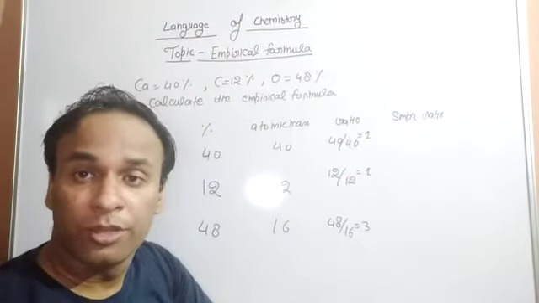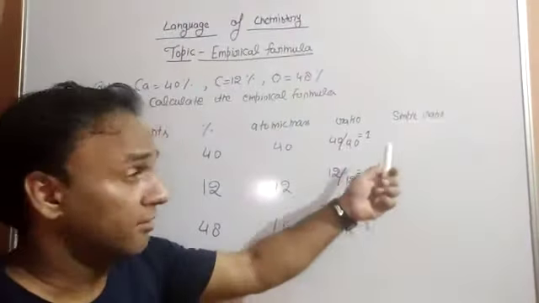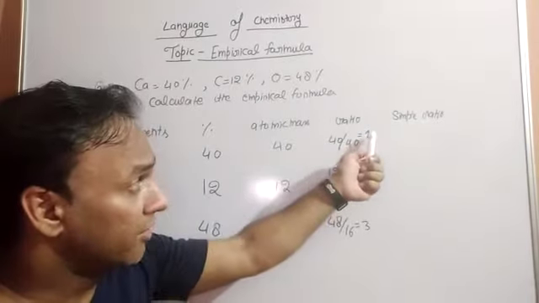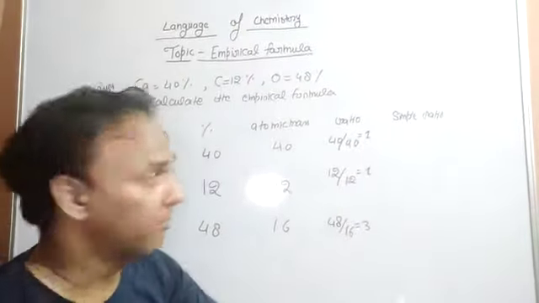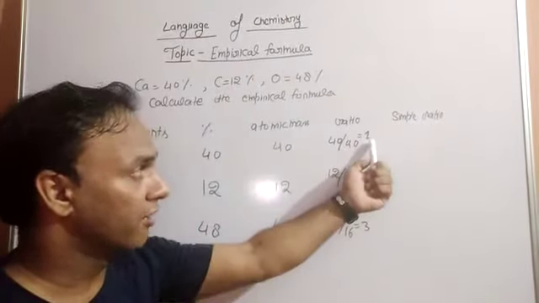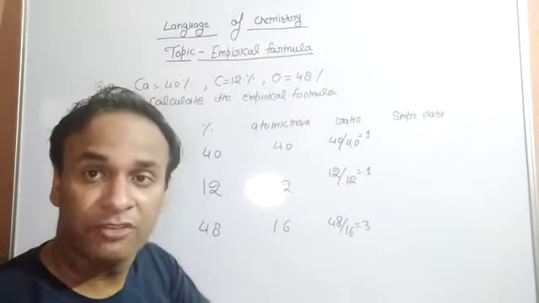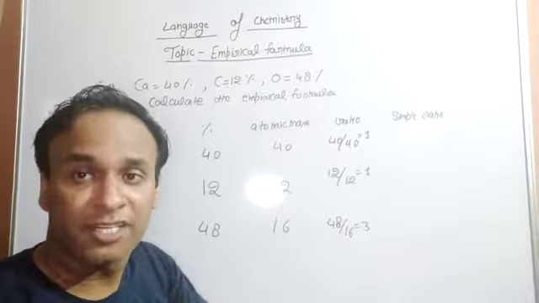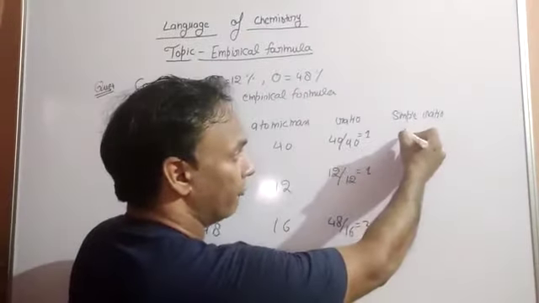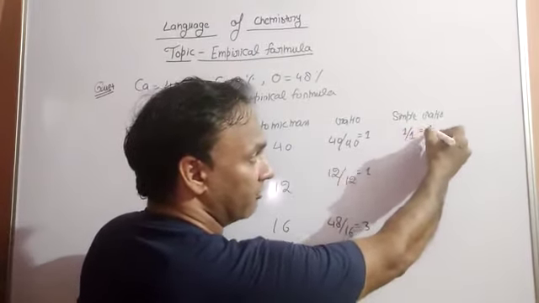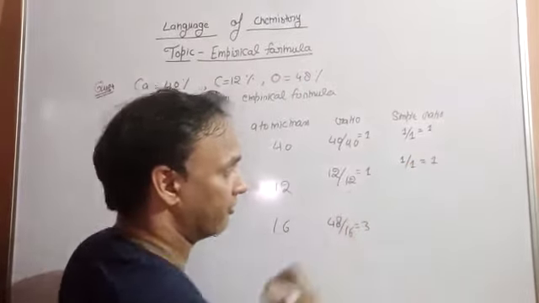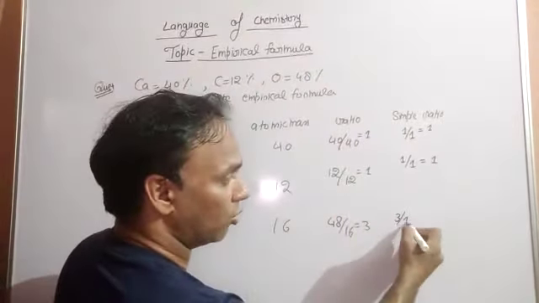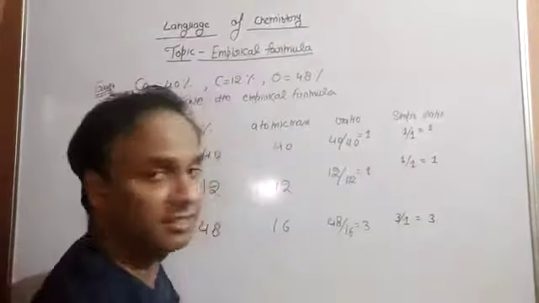And how do we get the simple ratio? The simple ratio is obtained when each ratio is divided by the least number, and the least number is 1. So 1 divided by 1 is 1, 1 divided by 1 is 1, and 3 divided by 1 is 3.